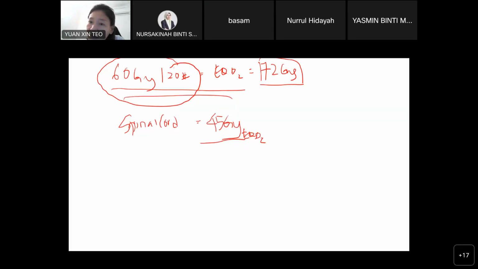I use the same formula for EQD2, which is capital D times (d plus alpha over beta) over (2 plus alpha over beta). So I just make the capital D the subject. So EQD2 is 45, and the d is 3, alpha beta is 3, something like that.